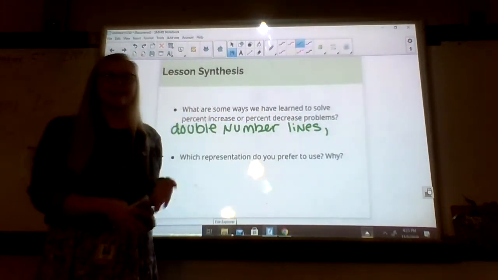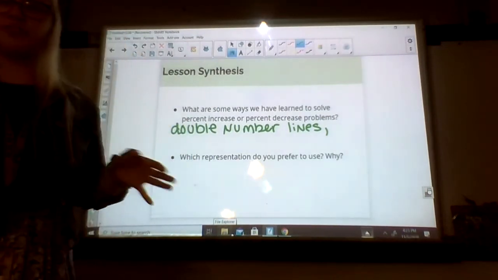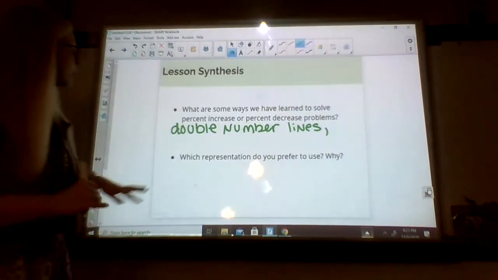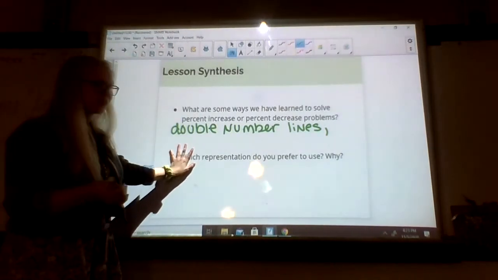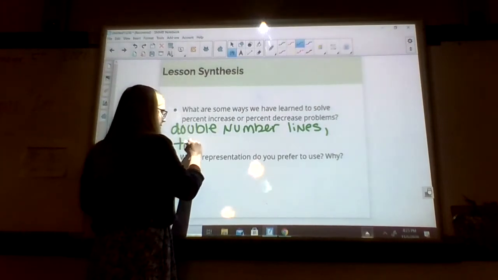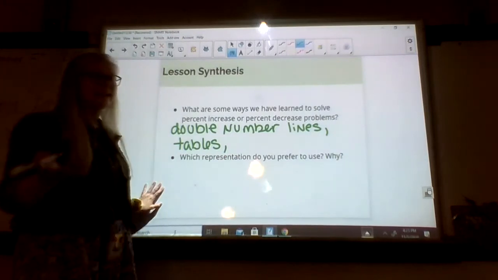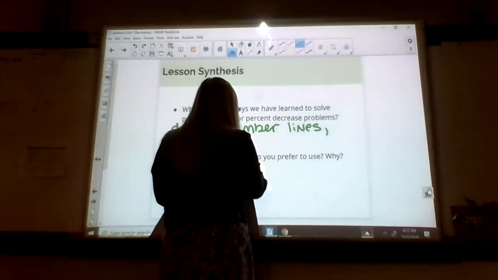That's what we used yesterday. We filled out all those double number lines and found our answers that way. Another thing we have been using, like in the first task, is tables. Tables are lovely. And now we're getting into equations.